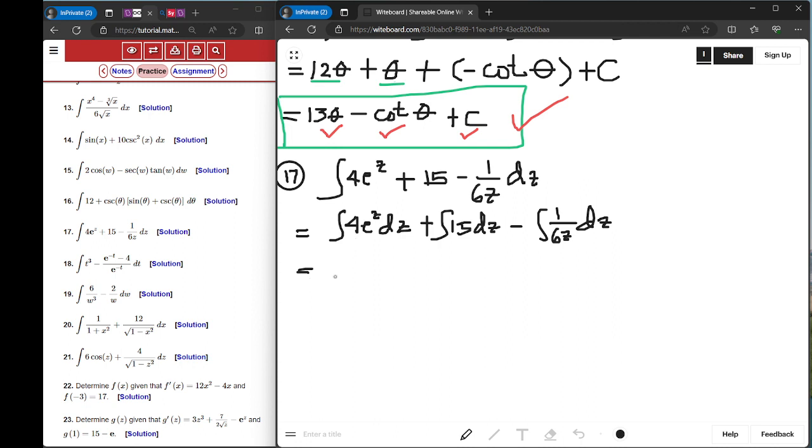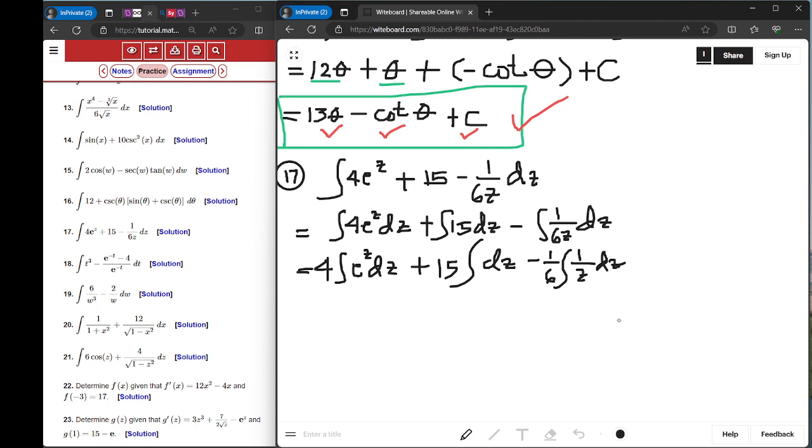After, we'll move out the constant values. So that's 4 times the integral of e to the z dz plus 15 times the integral of dz minus 1 over 6 times the integral of 1 over z dz.